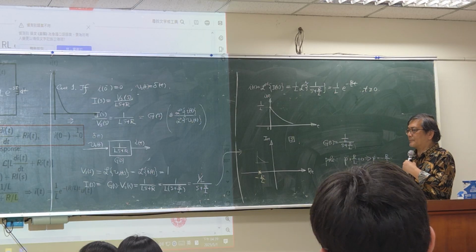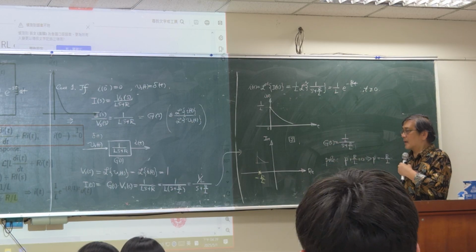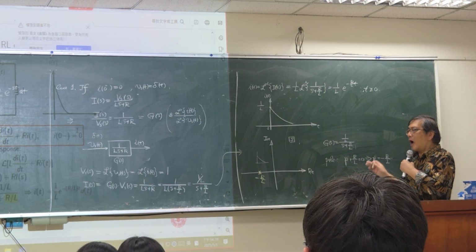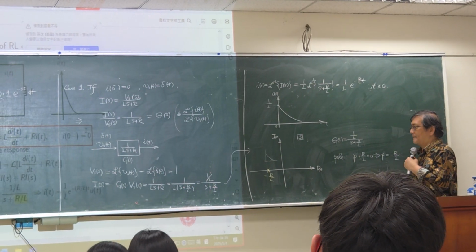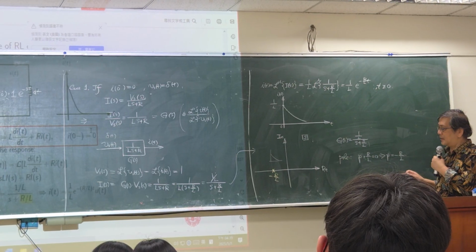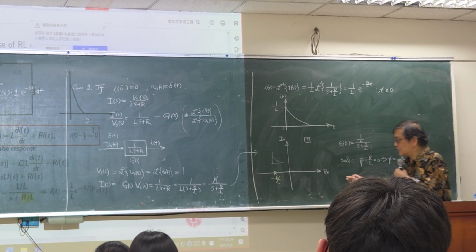Why do I want to bring this up again? Because that tells us how to determine the stability of a linear system. We can determine the stability of a linear system in the S domain directly.